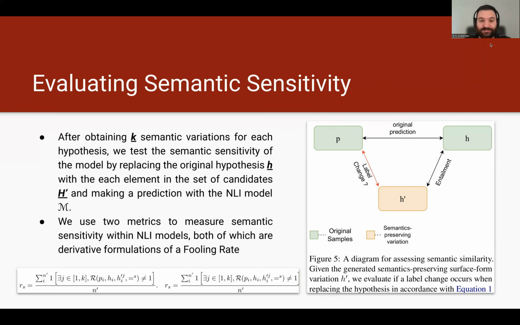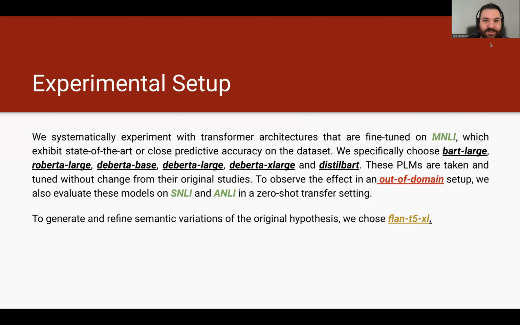Is the evaluation paradigm more or less clear? Yes, I think so. Okay, sounds great. So the experimental setup is that we take models that are fine-tuned on MNLI, and we try to do it a bit systematically. We take models of different architectures, more or less. We take BART, RoBERTa, DeBERTa of different sizes, and then we also take models that were obtained through a distillation process.